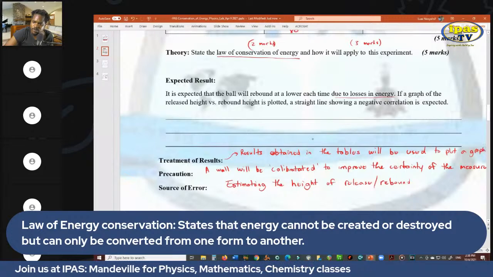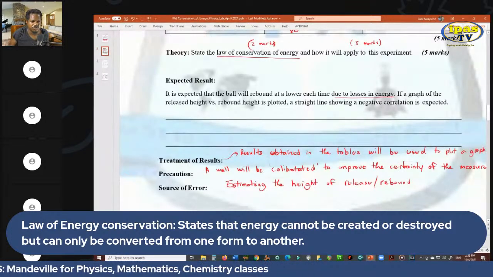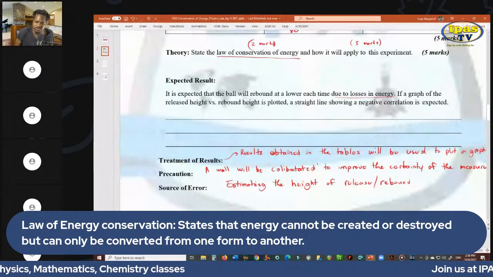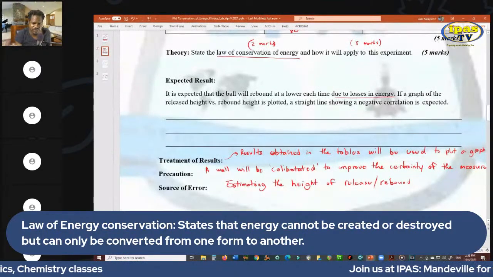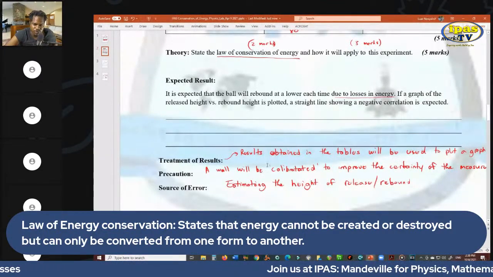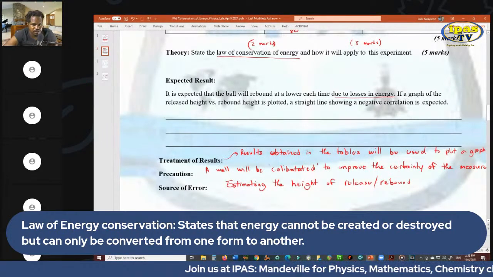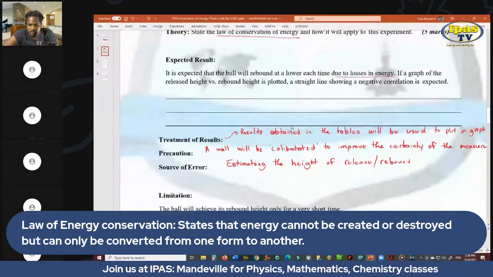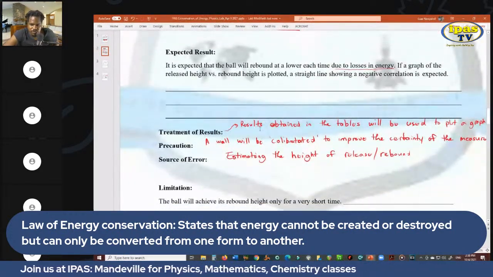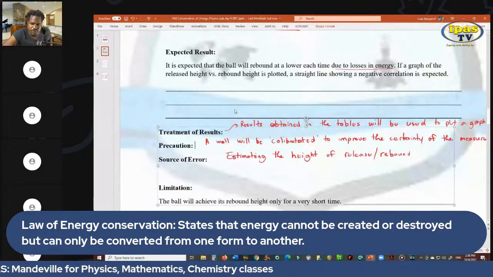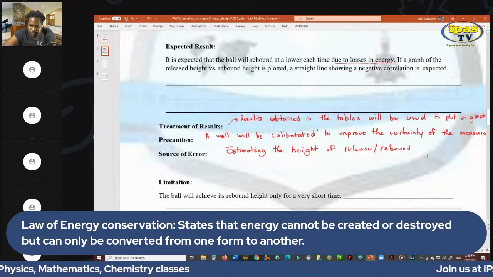That's the treatment of results. I hope nobody will ask me how the graph is supposed to look, because you're not going to plot a graph for this, you're just going to state that a graph will be plotted. Remember, it's future tense. So you don't do it yet. You're just planning to do it. You're showing me the plan that you have before you actually do it.